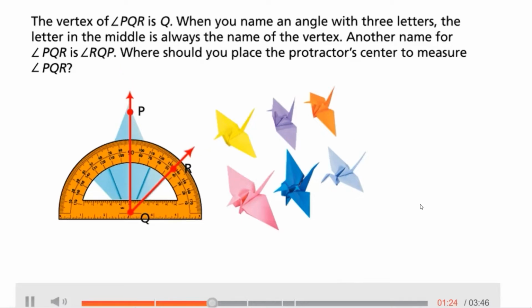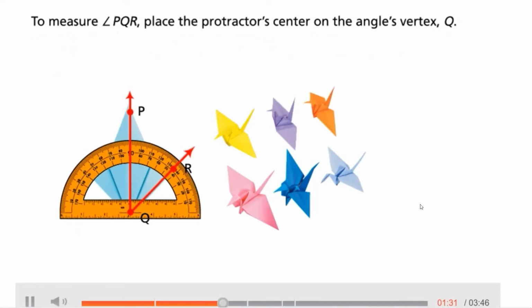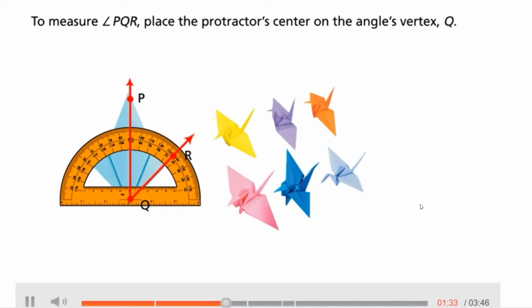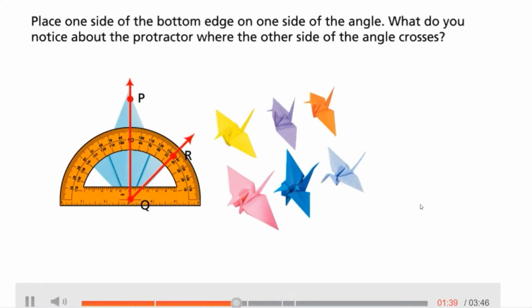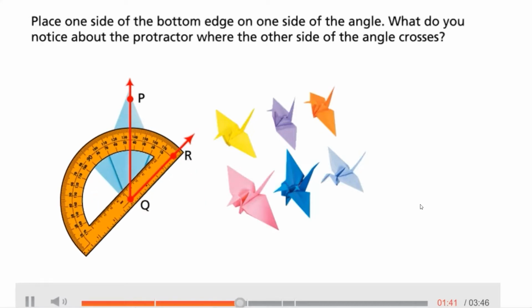Where should you place the protractor's center to measure angle PQR? To measure angle PQR, place the protractor's center on the angle's vertex, Q. Place one side of the bottom edge on one side of the angle. What do you notice about the protractor where the other side of the angle crosses?